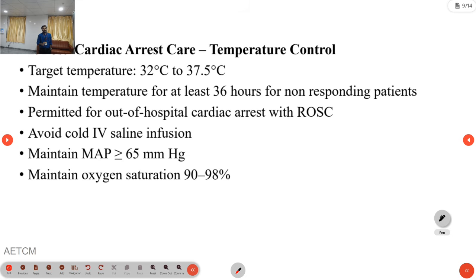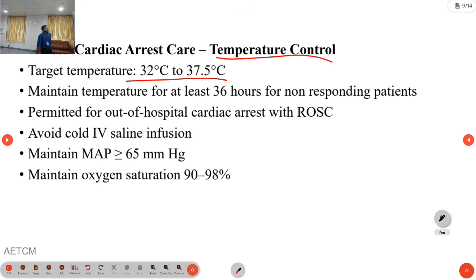The targeted temperature management terminology has been changed to temperature control. Now it is temperature control. The range of this temperature is between 32 degrees Celsius and 37.5 degrees Celsius.